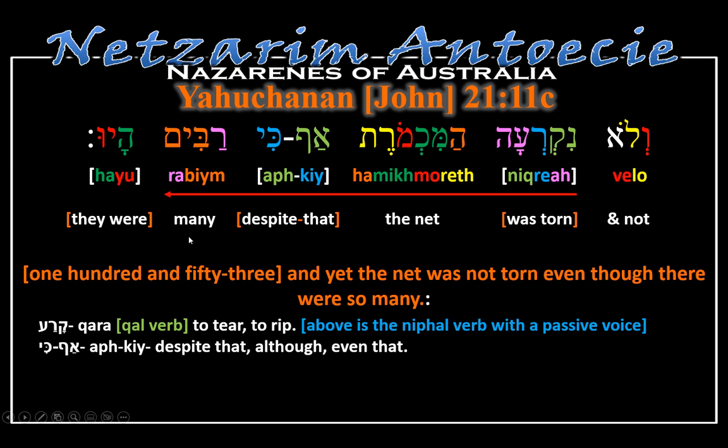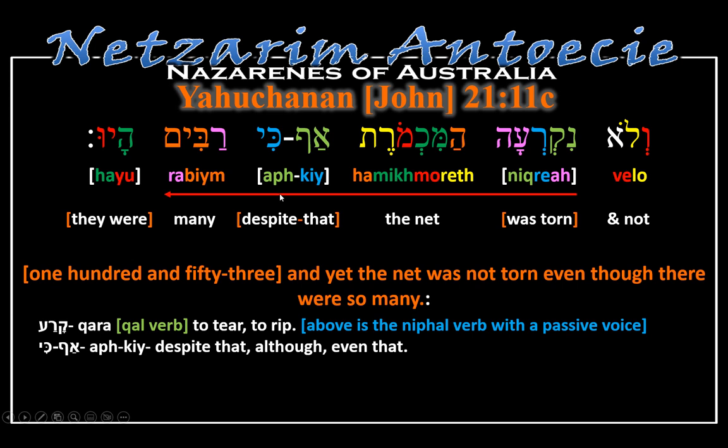Rabim, many. And we know that rav means much or many, right, or abundant. Hayu, they were. So the pronoun's sort of like the u at the end. And haya means to be, so it can be they were. So 153, and yet the net was not torn, even though there were so many.